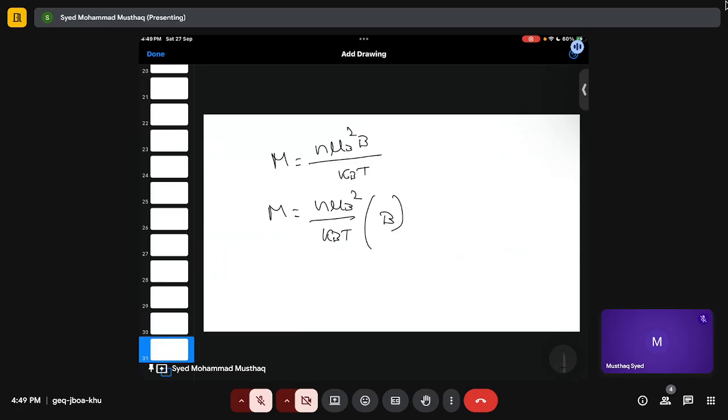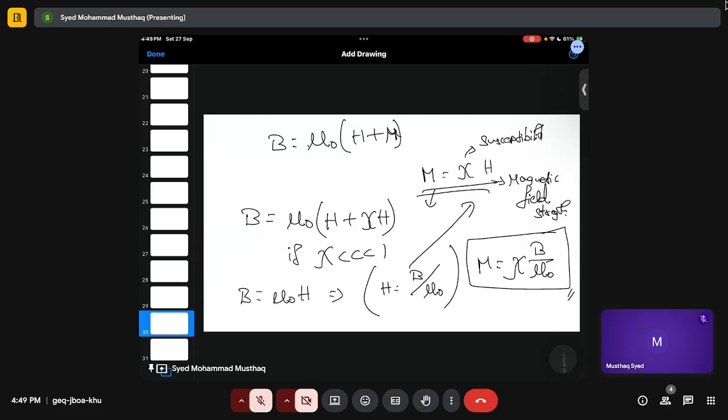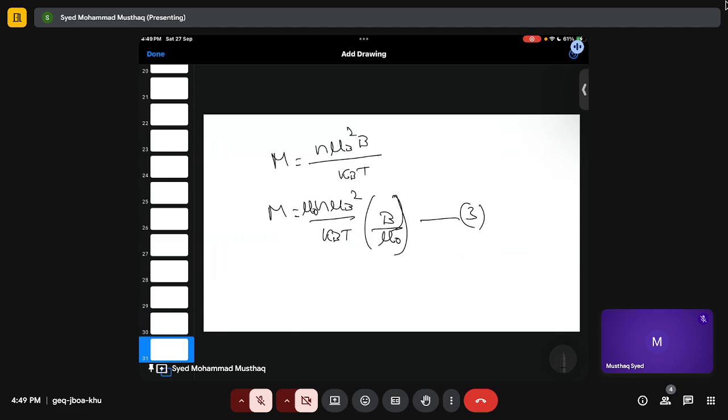So M will be equal to n mu B squared upon kBT times B. And if I multiply by mu naught on both sides, so this is equation 3, and equation 2 looks the same, then my susceptibility is equal to mu naught times the spin density, the magnetic moment density, times the magnetic moment of each spin squared, divided by kBT.